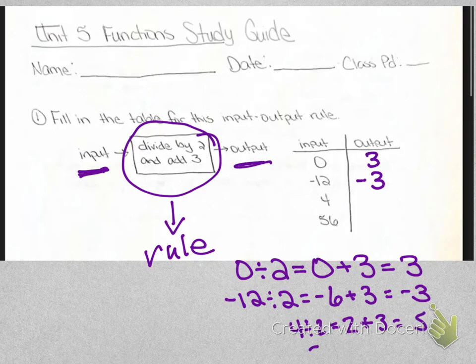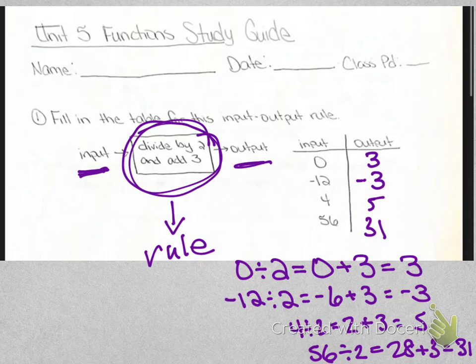Then you have 56 divided by 2, which is 28, plus 3, which equals 31. Sorry, I forgot to write that output. And that's all it is to it. So you're taking this rule, you complete it on these numbers to get these numbers.